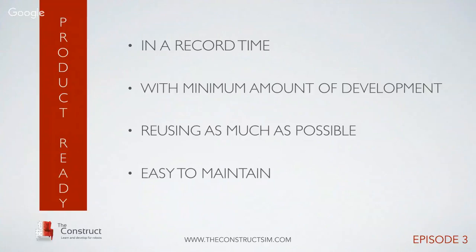And it also has to be very easy to maintain. If it is not easy to maintain, then it's another problem, because it will delay us once the product is on the market.